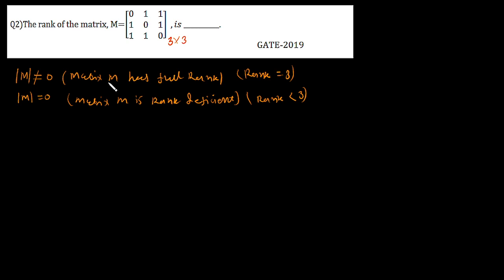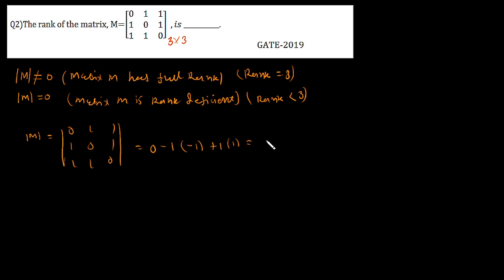So now let's find the determinant of this 3 cross 3 matrix M. I can write it here: 0 1 1, 1 0 1, 1 1 0. Now let's find the determinant. The first element corresponds to the minor of this 0, which gives 0, and then minus 1 times the minor of these 4 entries, so minus 1, plus 1 times 1.